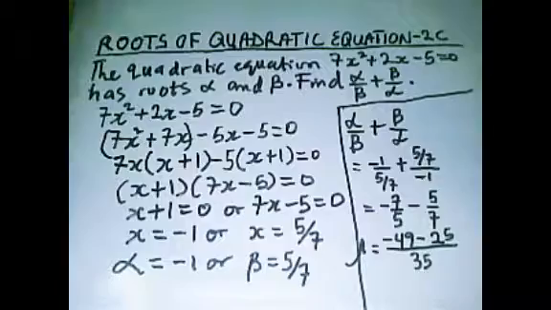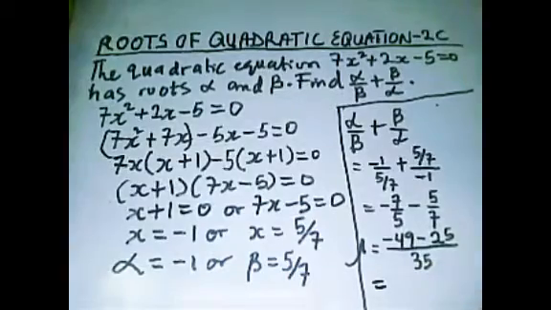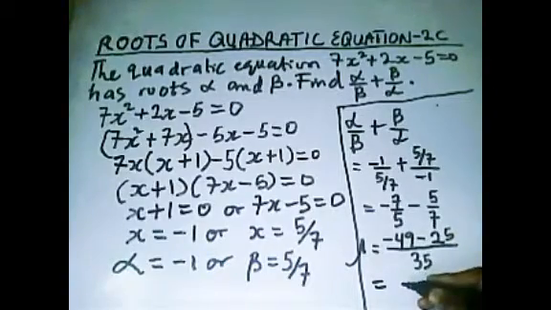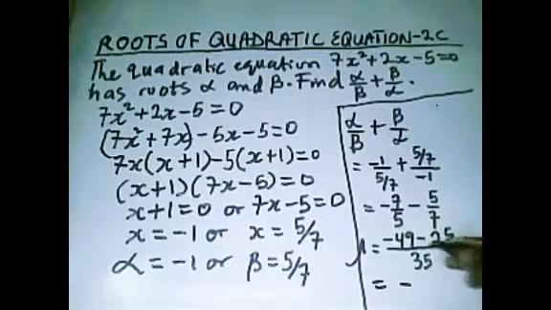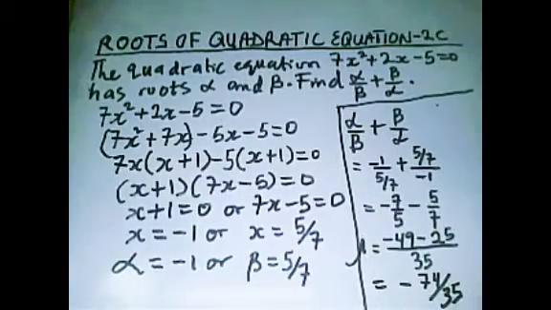So finally, the final answer for this problem will become minus 49 minus 25, which, if you add up these two values, gives minus 74. Then upon the last value there, which is 35. This is going to be the solution to the problem.